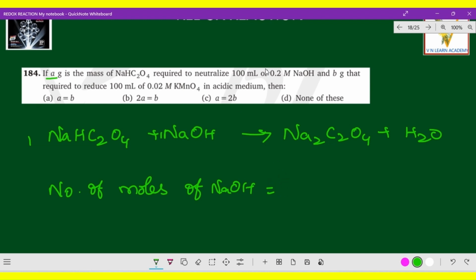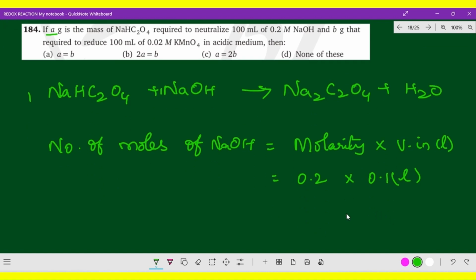But here they have given molarity and volume. So molarity into volume in liters. Here it is 0.2 into 100 ml, which we can convert into 0.1 liter, right? So the value you get is 0.02 moles, which is NaOH moles.